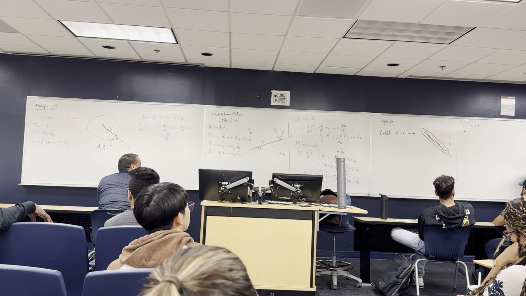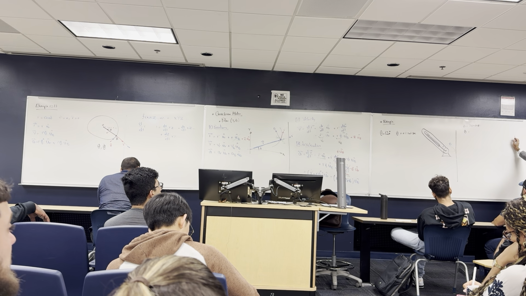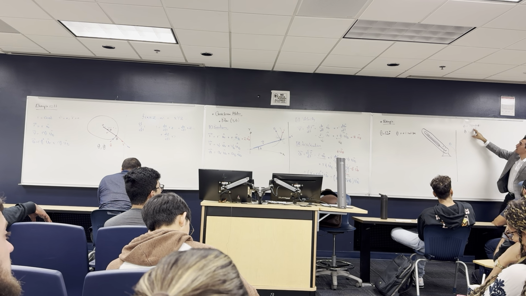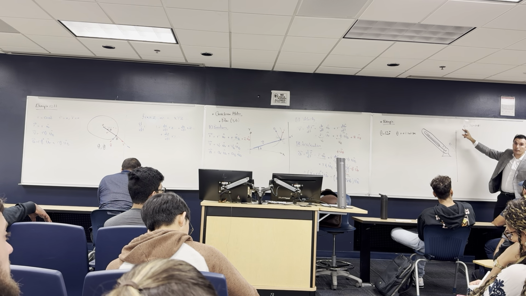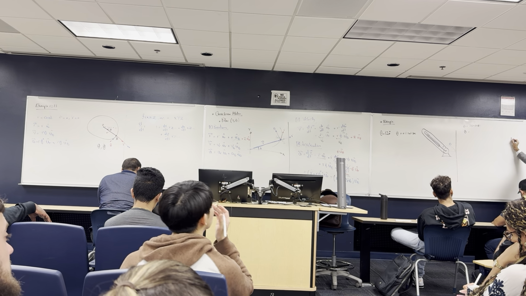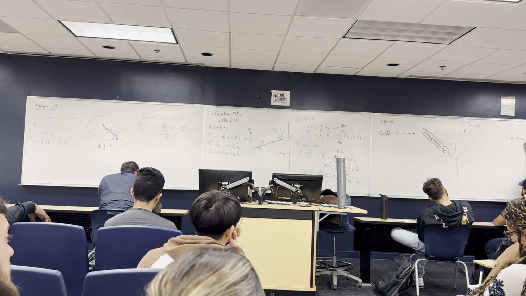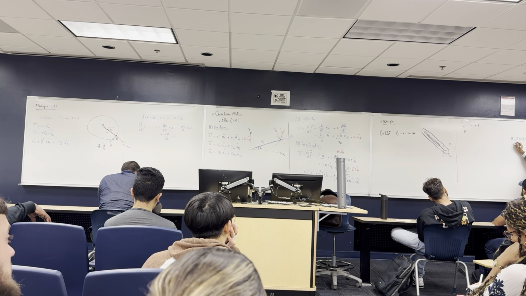Let's make sure that you also know this part. How can I differentiate this with respect to time? Let's say I have a function y equal to 2 sine 2x, and I want to differentiate this with respect to x.